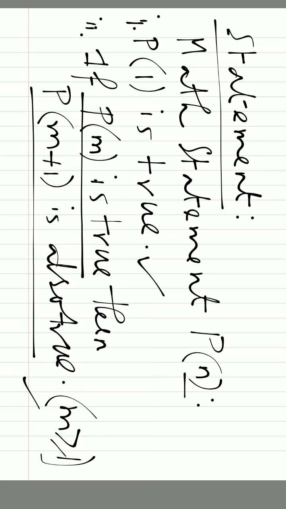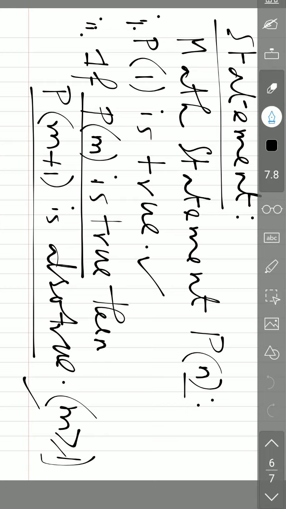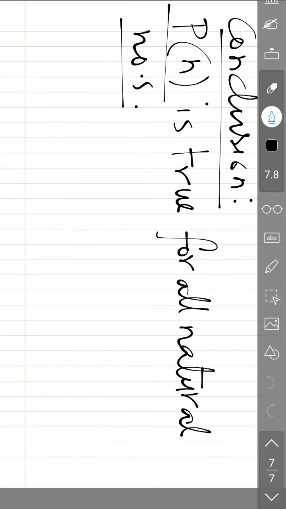So this is the statement of mathematical induction. Let us see how we can use it to show that a mathematical statement is valid for all the natural numbers.